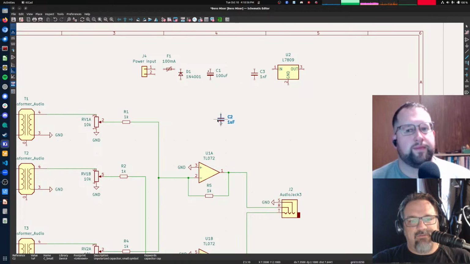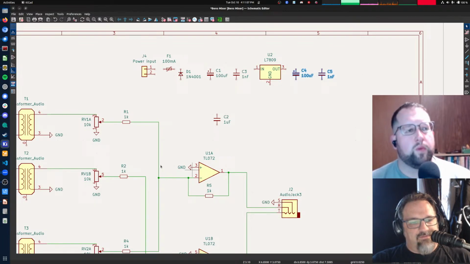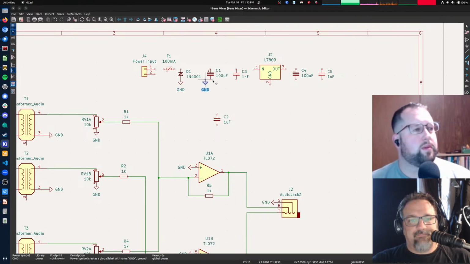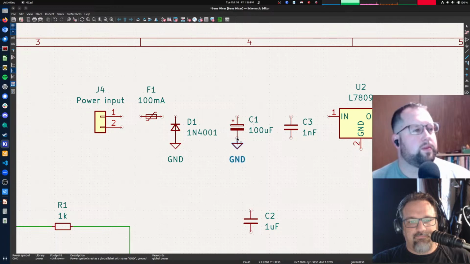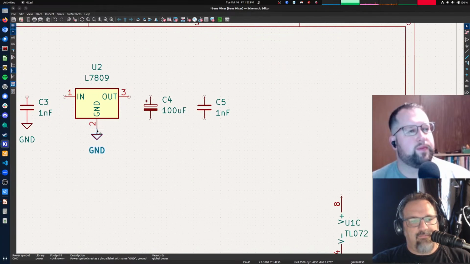Actually, we don't need that one here. We're just going to do those. And we're going to copy those to the output. Okie dokie. So, lots of grounds. I'll explain what all of this is in a second.